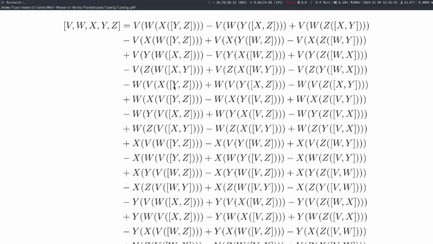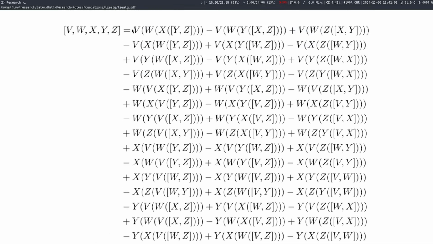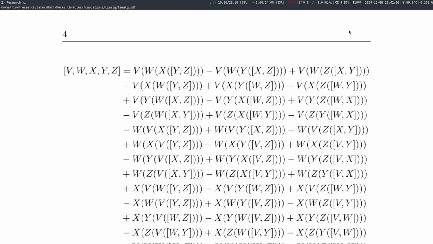So now the 5 bracket of v, w, x, y, and z can be expanded even further. Now we can expand it in terms of bilinear brackets. We can do v of w of x of the commutator yz minus v of w of y of the commutator xz plus v of w of z of the commutator of x and y.